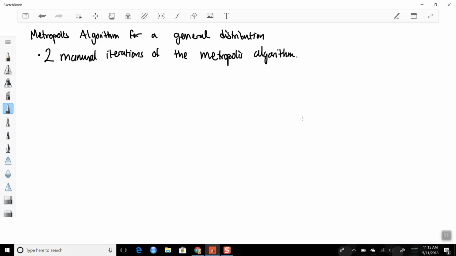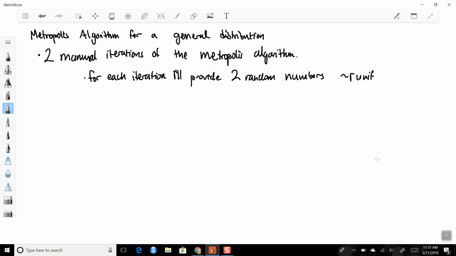For each iteration I'll provide basically 2 random numbers, probably from a uniform.